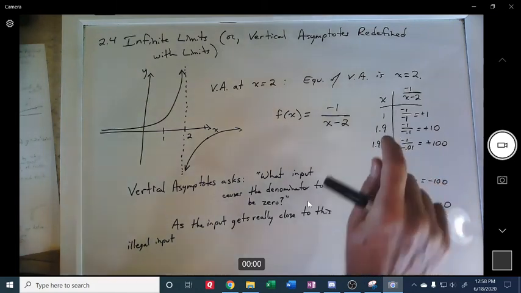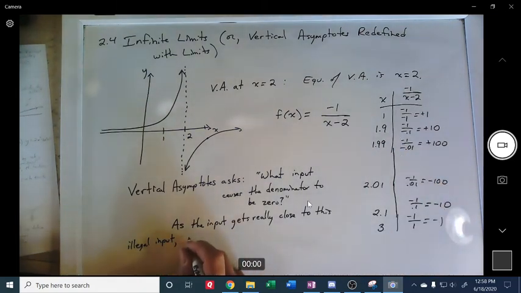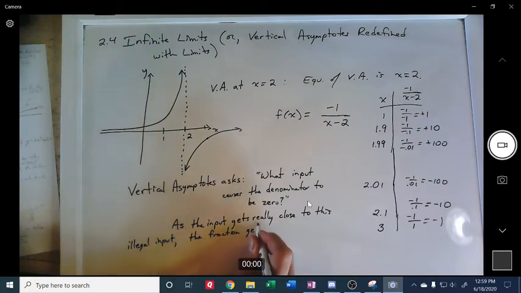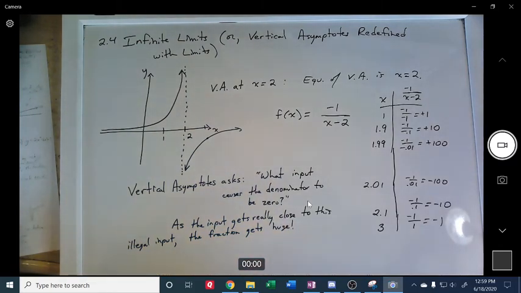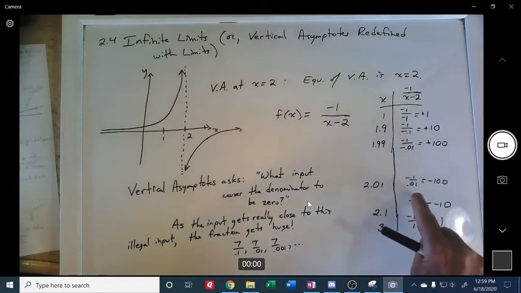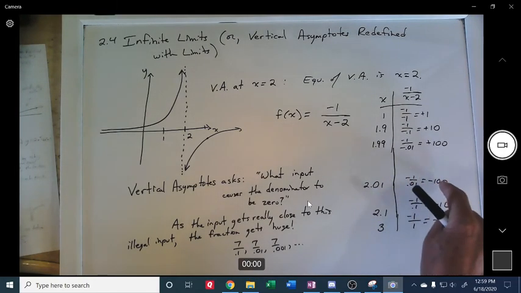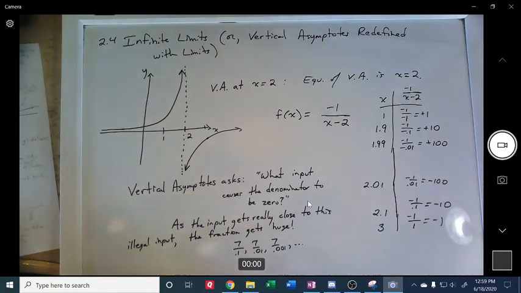But as we got really close to it, the fraction gets huge. And this kind of relates to the practice quiz too. Remember on the practice quiz, 7 over 0.1, 7 over 0.01, 7 over 0.001, and so on. As the denominators get smaller and smaller, the fraction gets larger and larger.